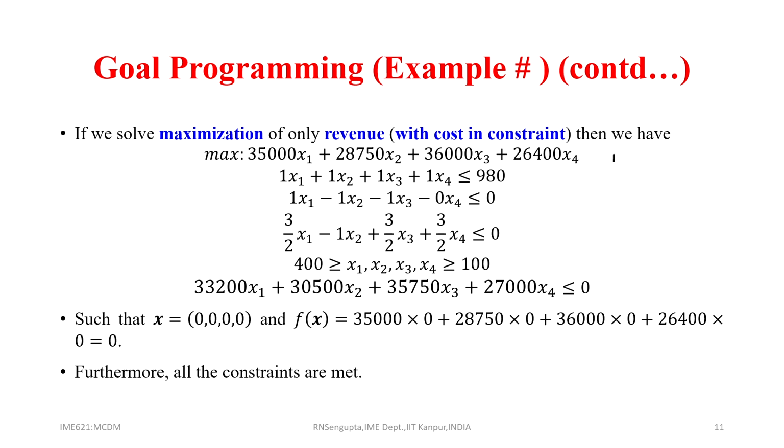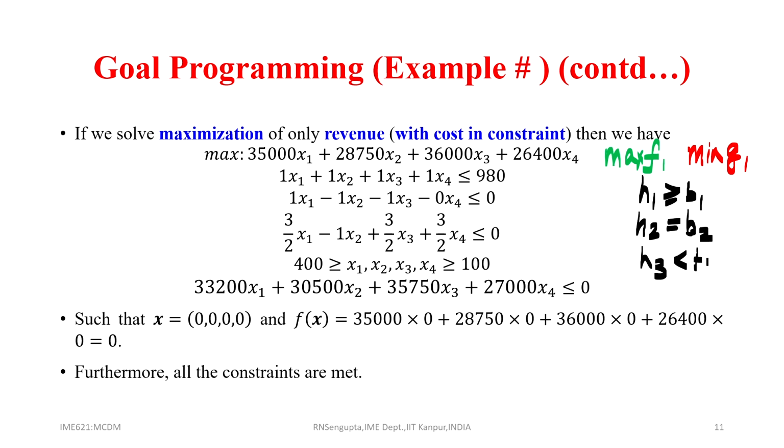So, in case you had the maximization, which I will use the green color, sum max of f1 and sum min of g1, and the constraints were given as, say for example, h1, I am not writing x, is greater than or equal to b1, then h2 being equal to b2, and h3 is less than or equal to b3.